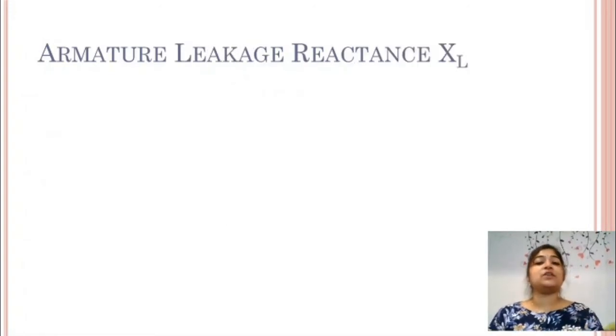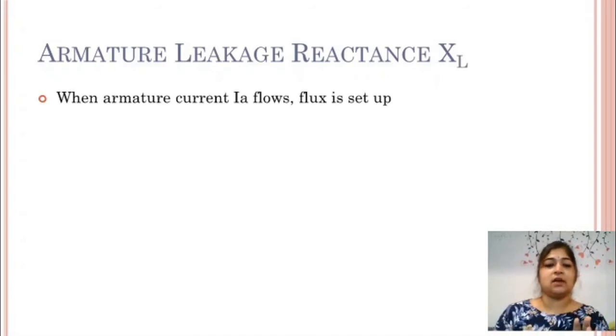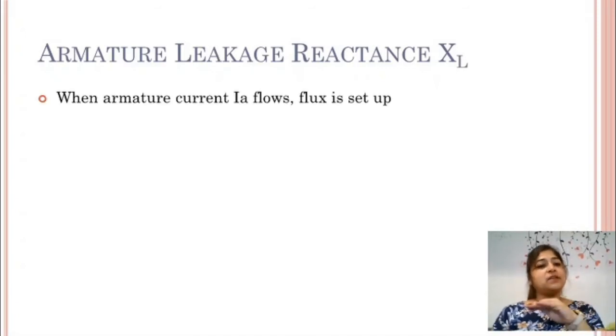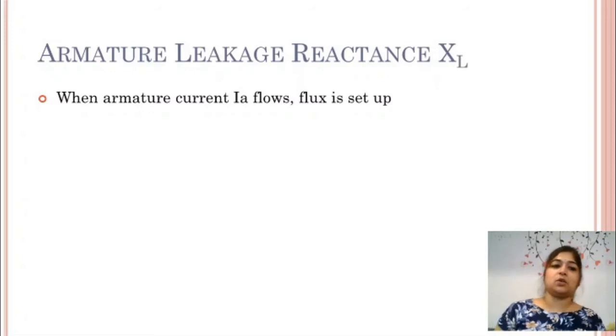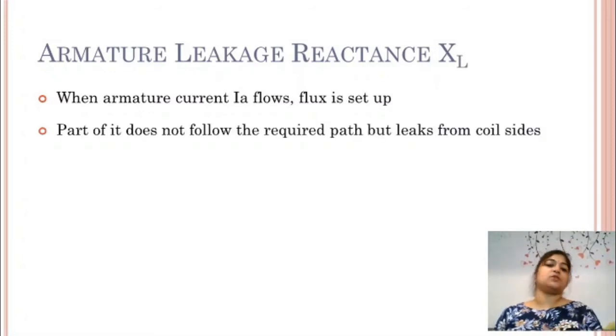So next is armature leakage reactance XL. Now XL is not any physical reactance which is connected. It is just the effect of leakage flux in the winding. What happens when armature current flows through the armature winding is that it produces its own flux, right? It sets up its own flux.